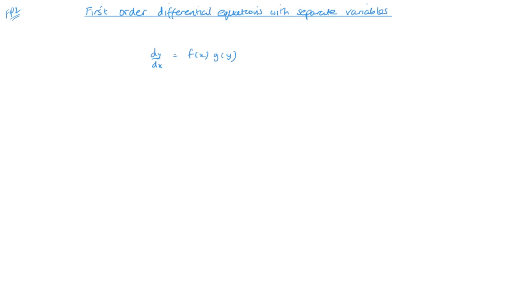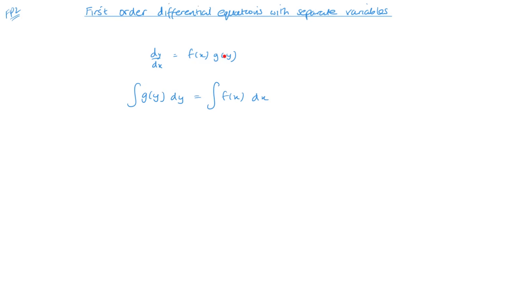So in this case, I would take my g of y to the left with dy, and then I would leave my f of x on the right and take my dx up there. Mathematically that's not exactly what's happening, but you can think of it that way when you're solving these problems.